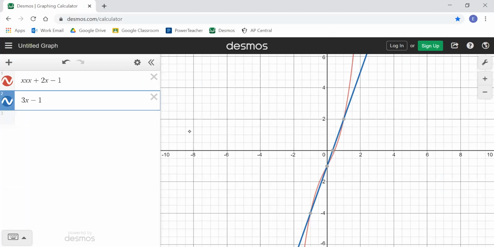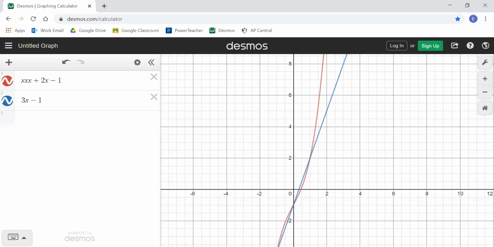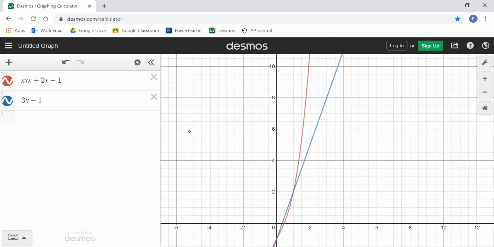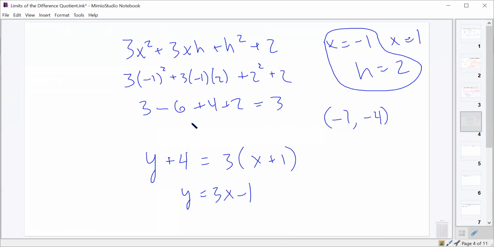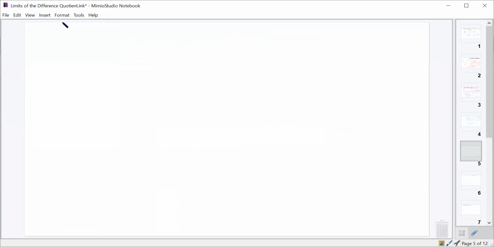Let's do x equals 1 to x equals 2, so we can get a different line. So we're going to go from x equals 1 to x equals 2, which tells us that what's the h value? 1.